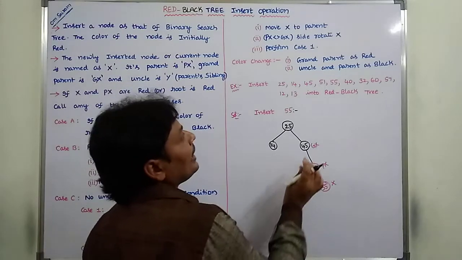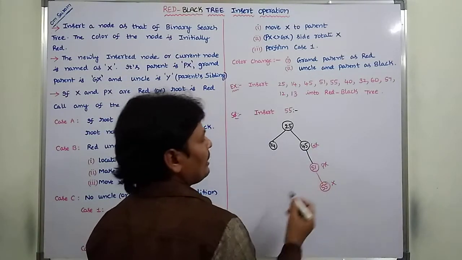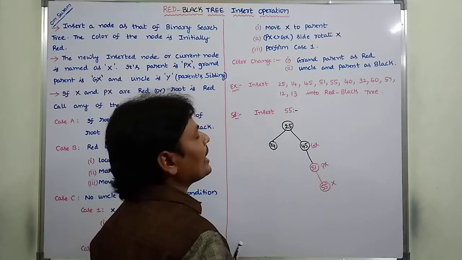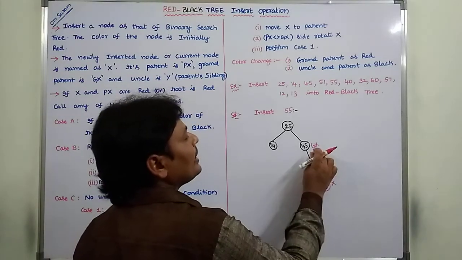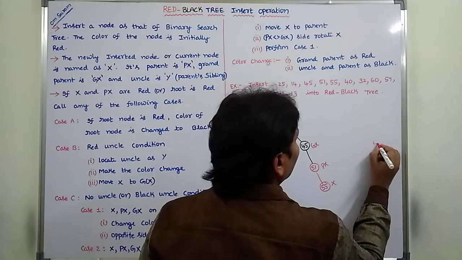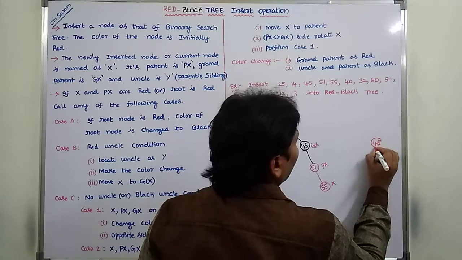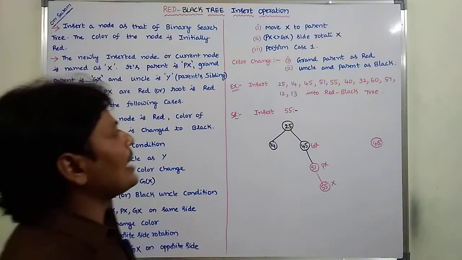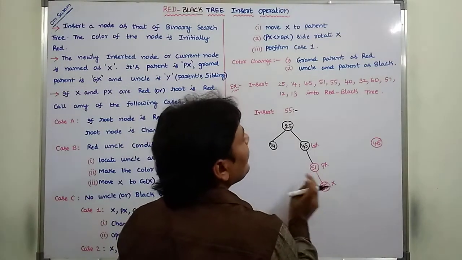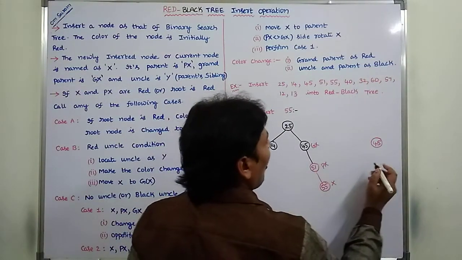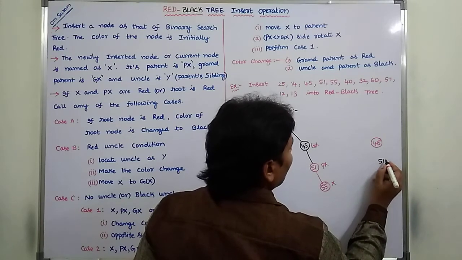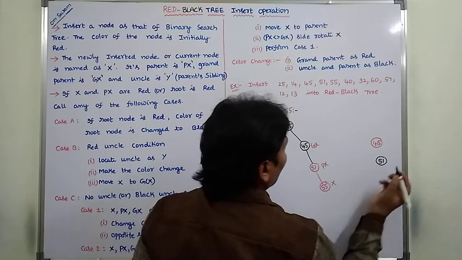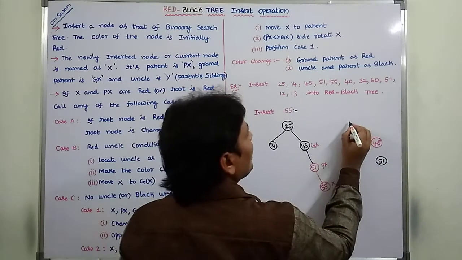Grandparent is X's grandparent, which is 25, so that it is red. And uncle and parent as black. Here uncle is not there, parent is there, parent is black. And the remaining nodes have no change.